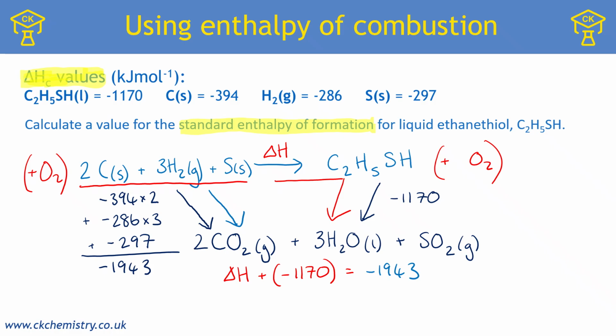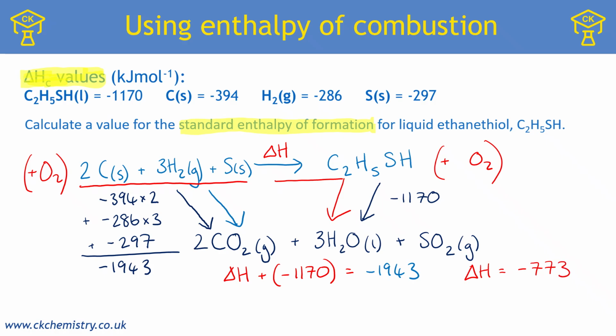So direct route is minus 1943. Indirect route is the enthalpy change I'm trying to find, plus minus 1170. Rearranging that to find delta H on its own, I get delta H is minus 773.